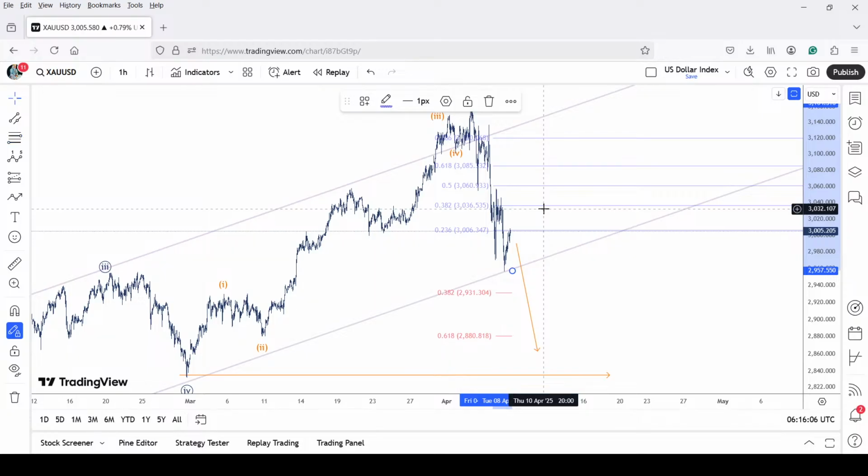As is now clearly seen, after booking profits, one of the single highest profits in one day last Friday in gold, we would be more inclined to again keep selling on rallies around 3030, possibly 3050, 3080 as well going forward.